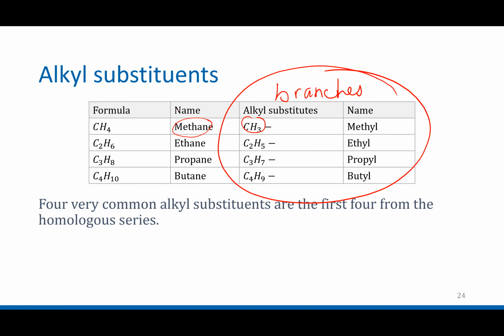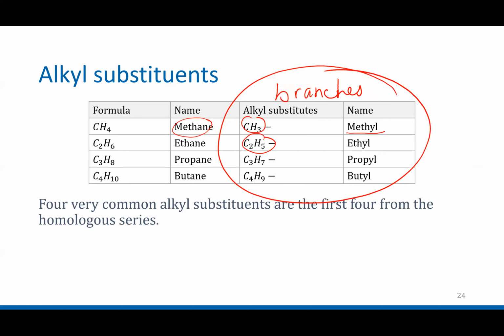Like CH4 is methane. But if it's a branch, we change it to methyl. And I don't have any reason why. I think it's just, it flows better, it sounds better, and it identifies to the reader that it is a branch or a substituent.